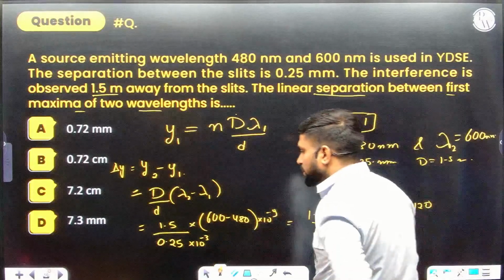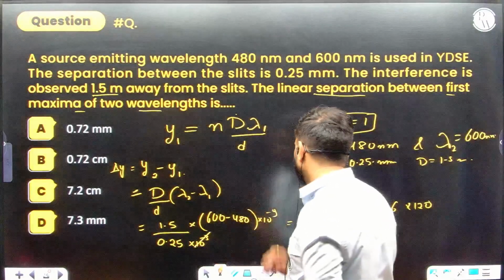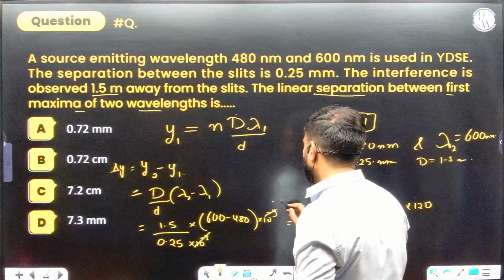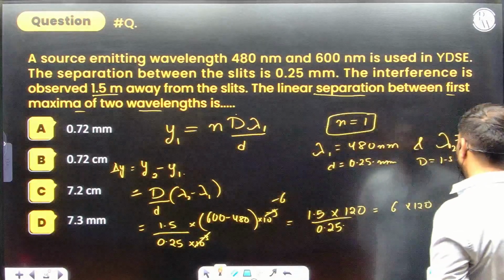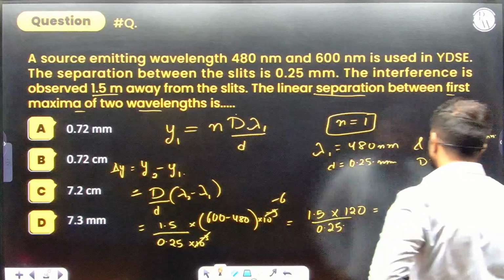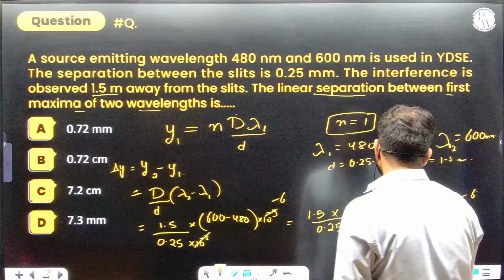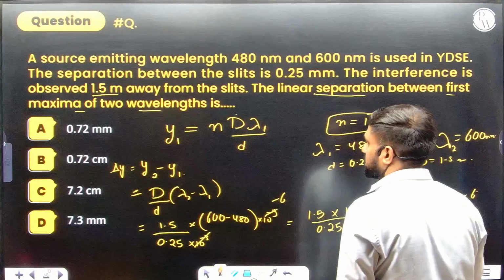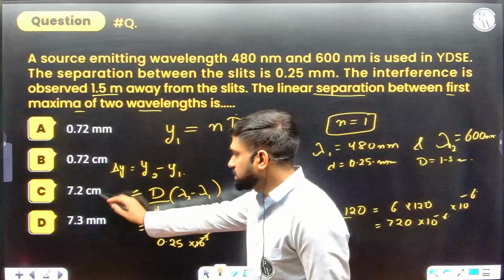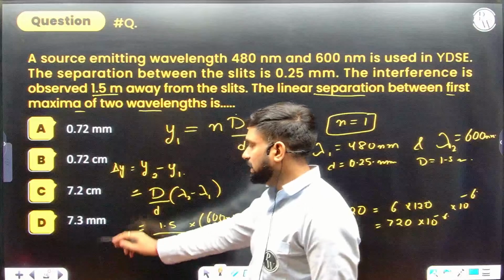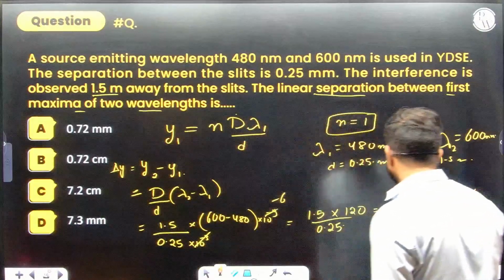Here it is 10 to the power minus 3, 10 to the power minus 3, and then minus 6 left. So into 10 to the power minus 6. Now 120 into 6 will be 720 into 10 to the power minus 6. If I look at the options, the decimals are only different. The last one is not even correct as per the number itself.